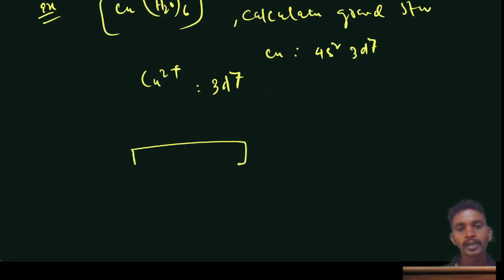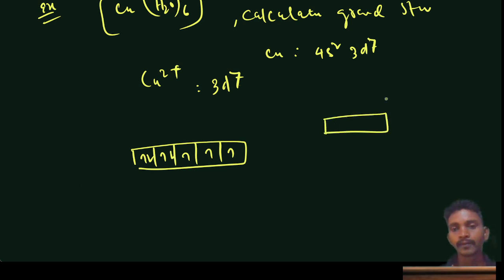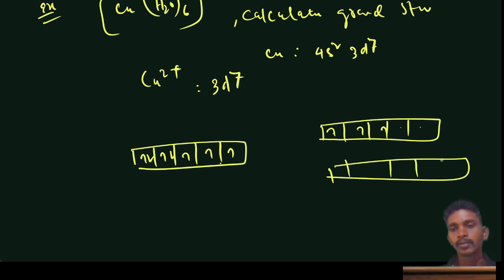So from here we can fill 1 2 3 4 5. Okay, so the electrons: 1 2 3 4 5 6 7. So this is more than half filled. Let me clear it, as confusion may happen sometimes. 1 2 3 is less than half filled, this is more than half filled, and 5 is half filled.